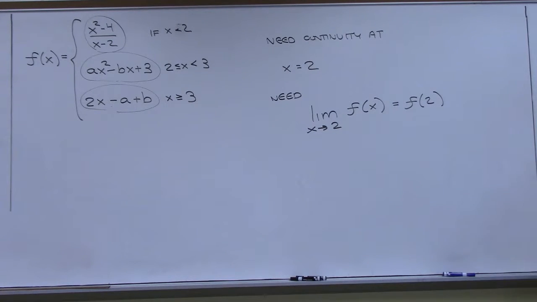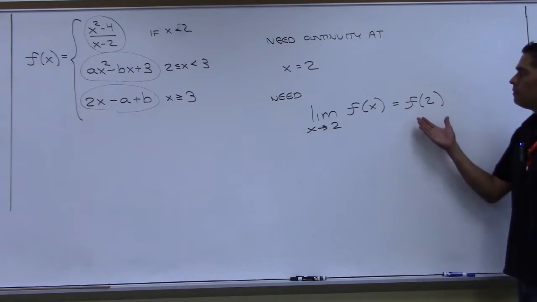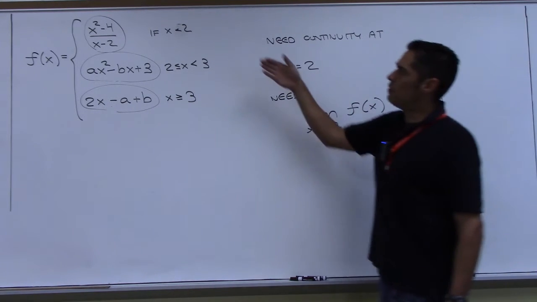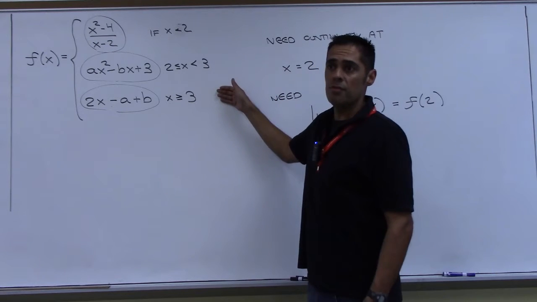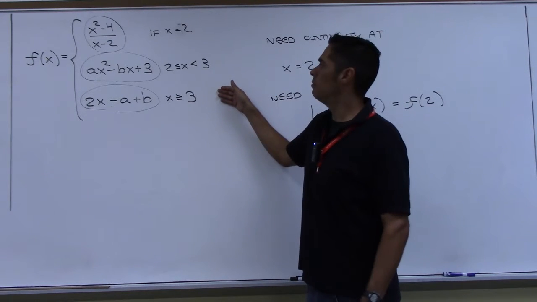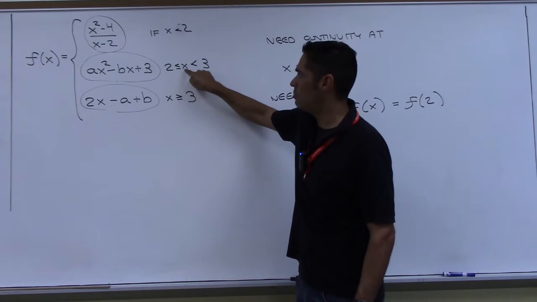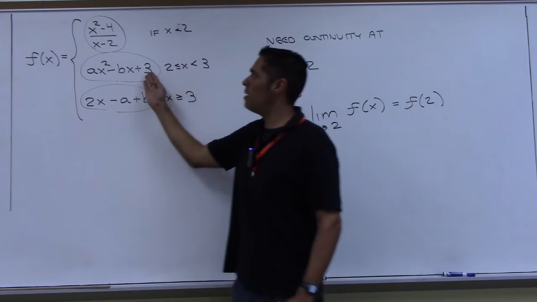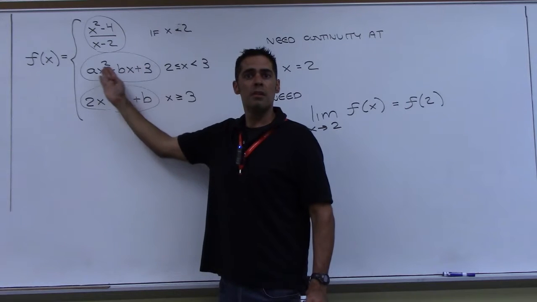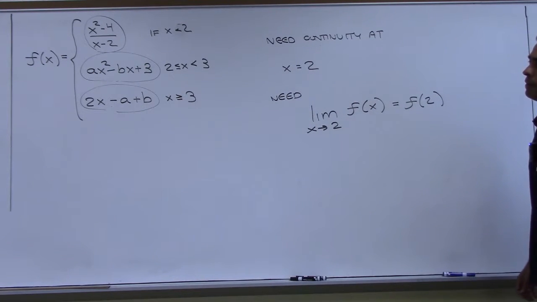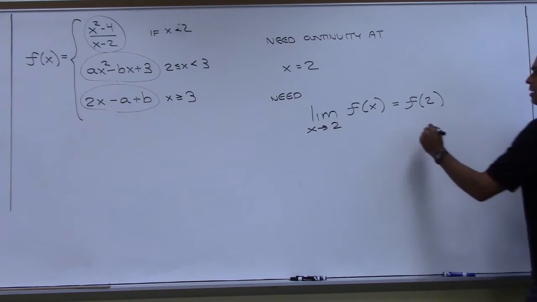I need this to be true. All right, well, how about f of 2? Do we know what f of 2 is? Which of the 3 pieces of the function do you use if x is equal to 2? The second piece, right? Because that has the little equality. If x is 2, 2 is bigger than or equal to 2. So replace all your x's with 2's, and what would it become? 4a minus 2b plus 3.